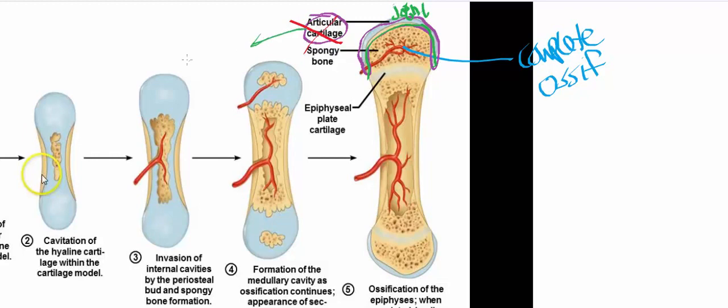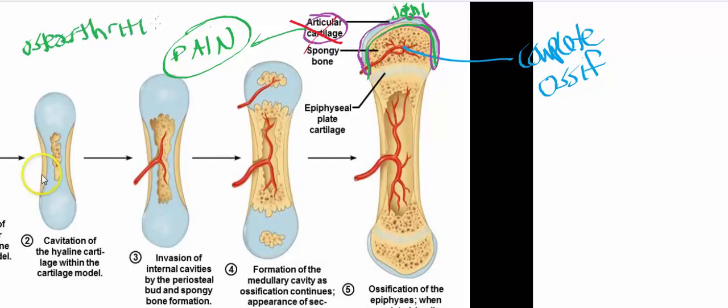And this situation, in which you have deterioration of the articular cartilage, causes intense pain. And this type of situation has a name. It's called osteoarthritis. Osteoarthritis causes intense pain because you have the epiphyses of the bone now rubbing up against one another, and that causes all sorts of frictional problems and so forth.